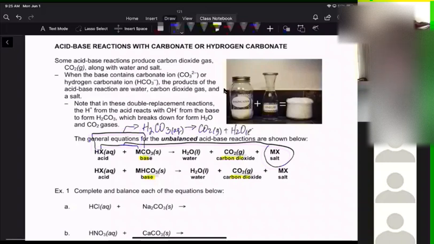There's that new water molecule. So these things here come from formation of the carbonic acid. If you look at a reaction and you do a double replacement with it and you get carbonic acid, that's your clue. Wait a second, that just bubbles away. It's going to be water and CO2 in the products every time.